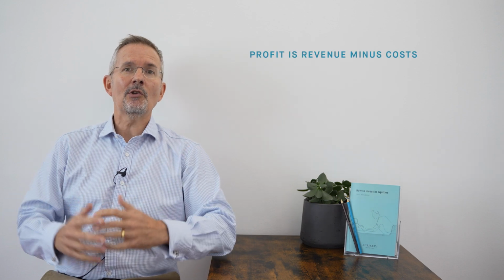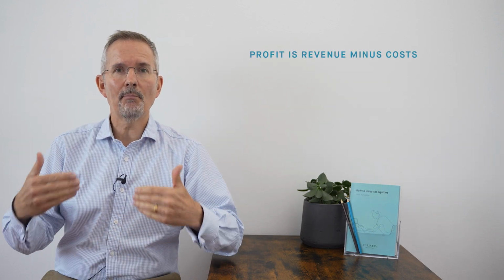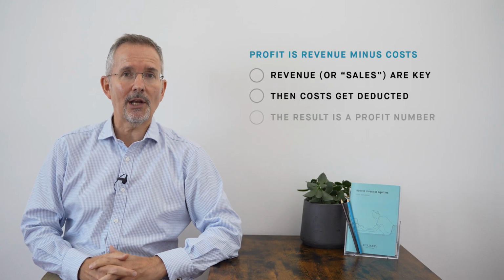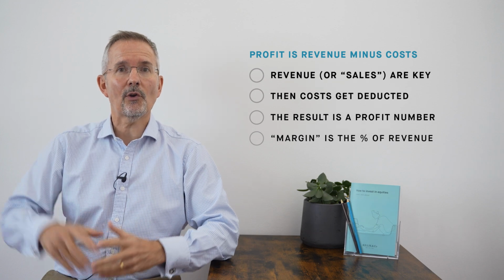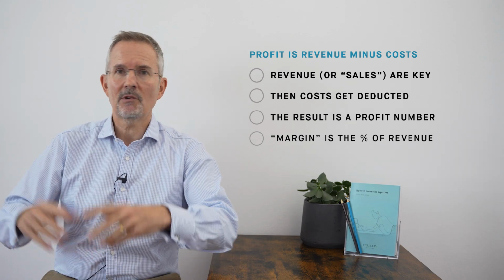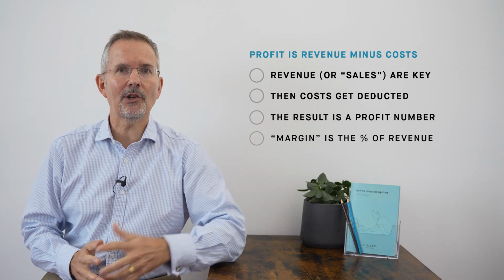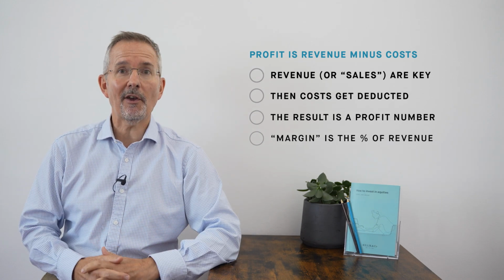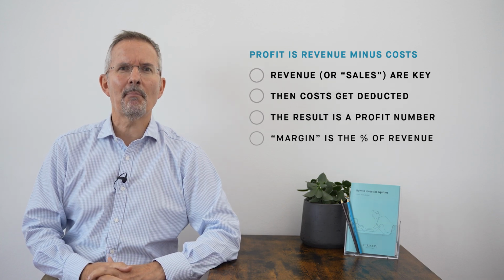In conceptual terms, it is simply revenue or sales minus costs. And if you want to express it as a margin, you can do it as a percentage of revenue or sales. You've got the absolute profit number, 10 million for argument's sake, and that as a margin or percentage of revenue: 14%, 15%, 25%. The better the business, the higher the number.